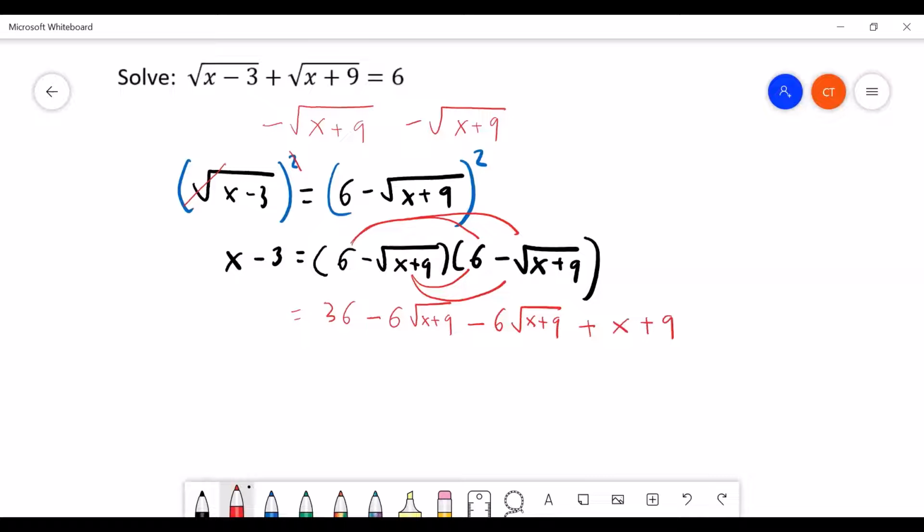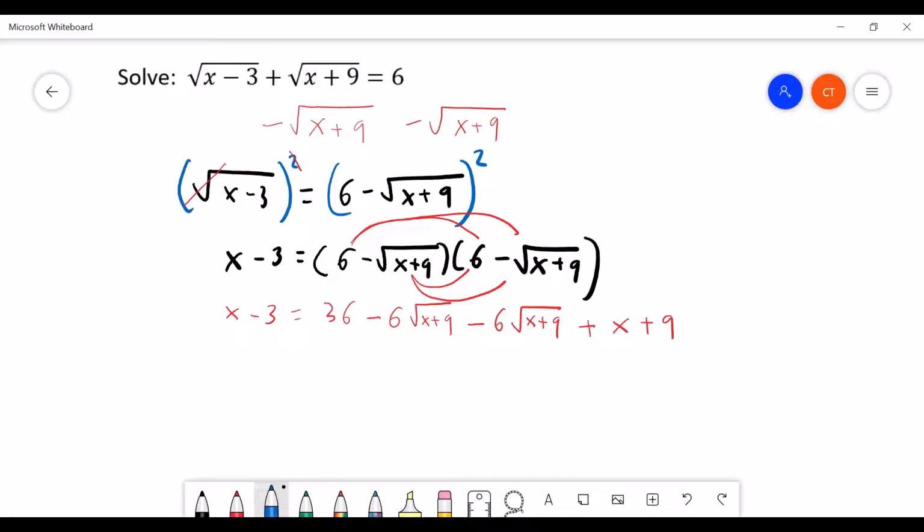Notice that when you take a square root of x plus 9 times a square root of x plus 9, that gives you just x plus 9 with no more square root. And you still have the x minus 3 equals on the left side. Notice that we still have square roots in our problem. So let's combine like terms and get the square root that's left by itself.